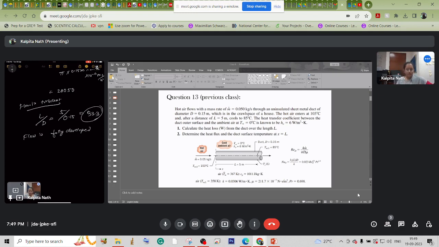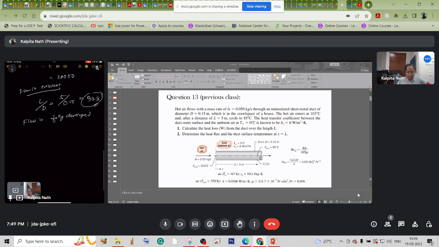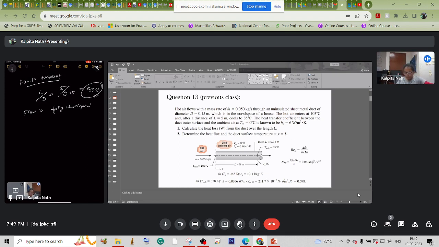What we get from this is that the flow is fully developed, and for the turbulent hydrodynamic entry length, obviously when there is turbulent flow, there is vigorous mixing in the pipe, so we can consider this as fully developed flow, despite any conditions being given.